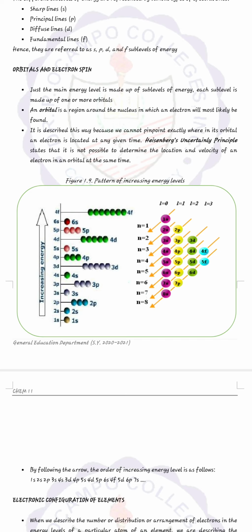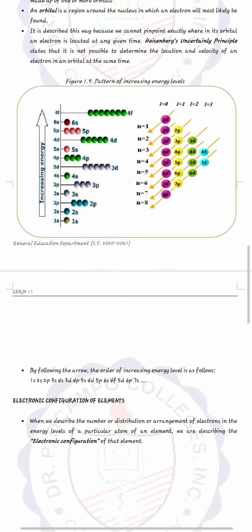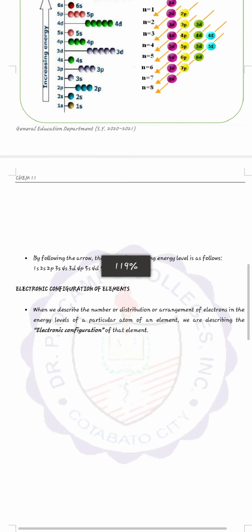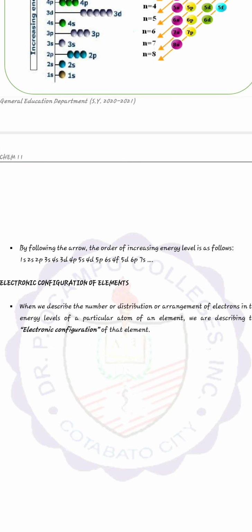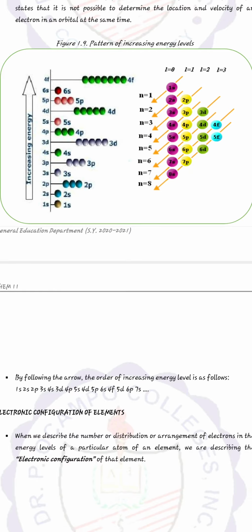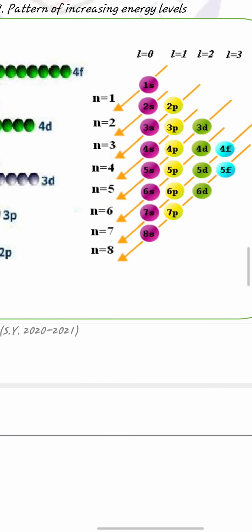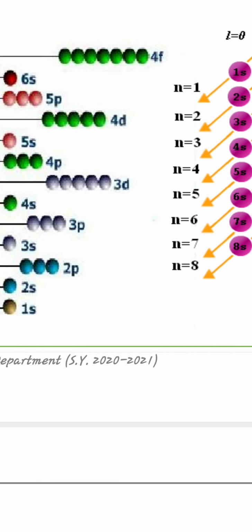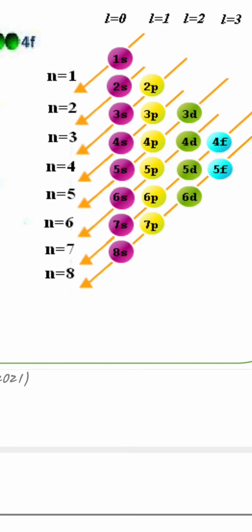So how can we get a certain electronic configuration? Let's make an example. As you can see in this part, by following the arrow, this illustration is what we need. Don't mind this one, kasi ito yung mas madali. This is the pattern on how you can get the electronic configuration of each element.